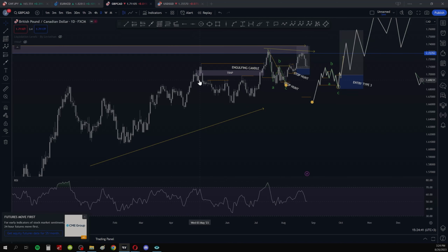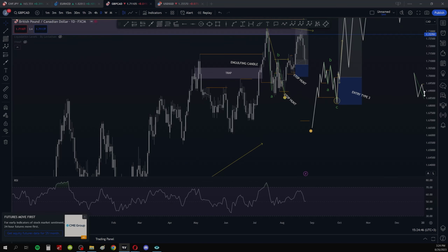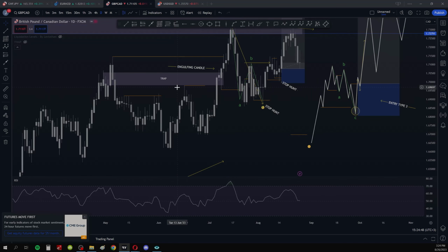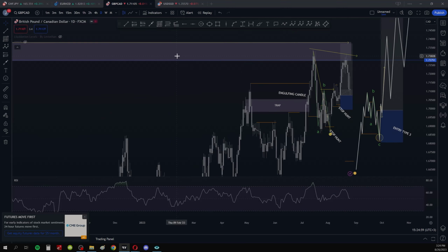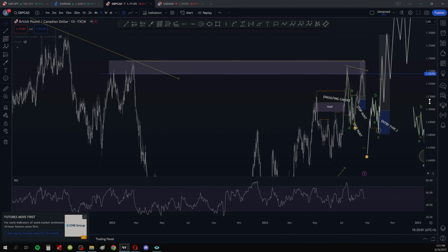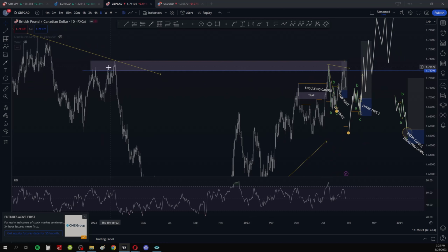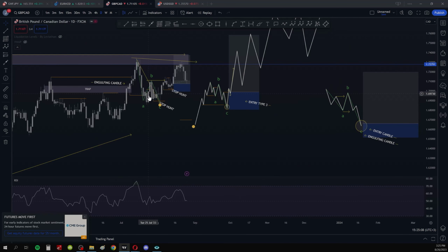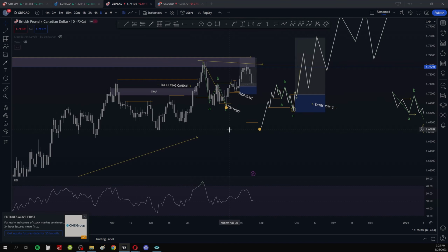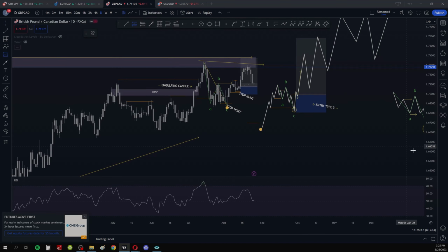And even though we have this perfect supply zone, we even have this liquidity here. As you can see, the market gave a reaction and moved up, and it even hit this supply zone here and also came down.